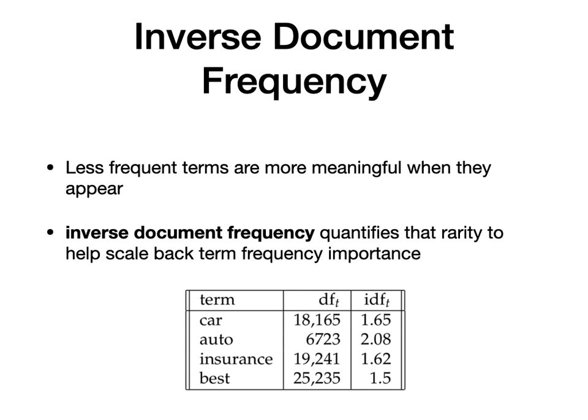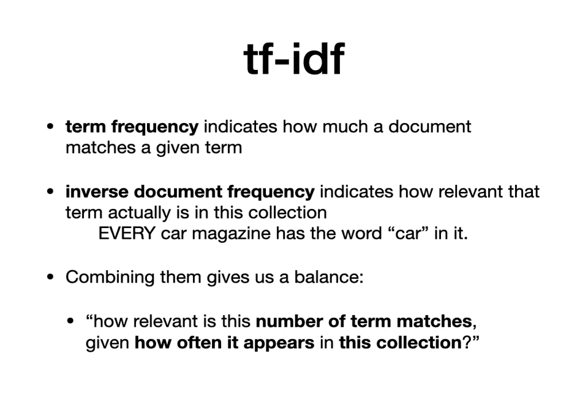So, how do we use this? This is called TF-IDF. The term frequency is how often the term shows up in the document, and the IDF is how rare that term is across all documents. So how rare is this term, to keep it in the same direction, multiplied by how often it shows up in the document.